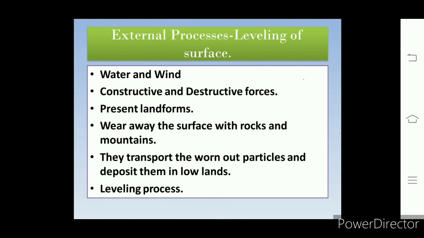So the present landforms are going to be changed, and it takes some hundreds of years. Don't expect that it may bring change in 1 day or 2 days. Right? It takes much more time. Do you know, today the Himalayan mountains are the highest mountain ranges, right?